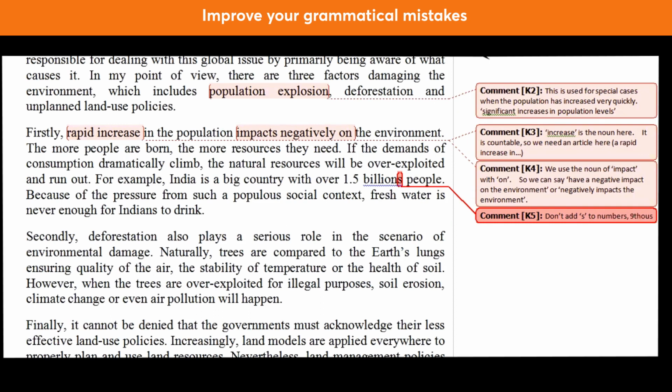Don't write this. Thousands, billions, millions. Don't put the S on here. Okay, so this is an S. It should be billion by itself with no S. All right, so there's some for that paragraph.